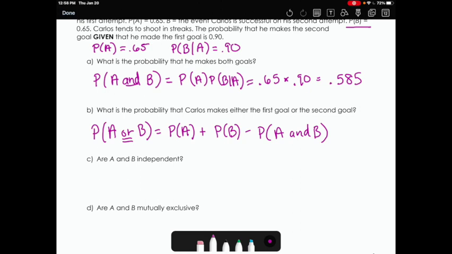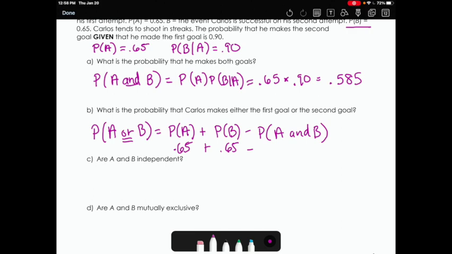Now it says in the problem, in general, there's a 65% chance that he's going to score on each individual attempt. So for both the probability of A and the probability of B, that's going to be 0.65 on any individual attempt. Now we have to subtract off the probability that he would make it for both attempts, to subtract off any overlap.